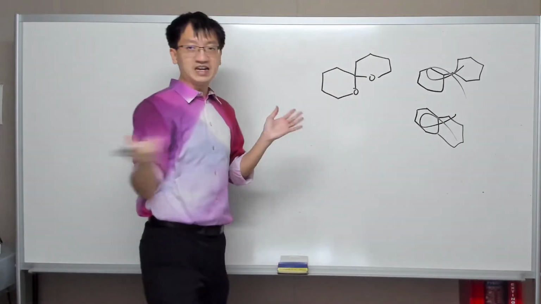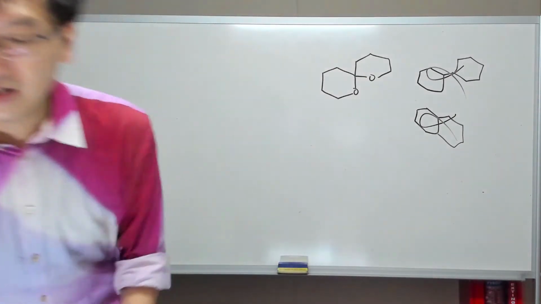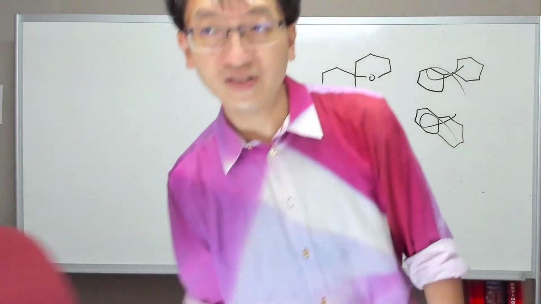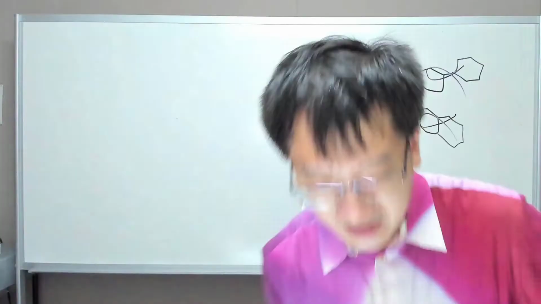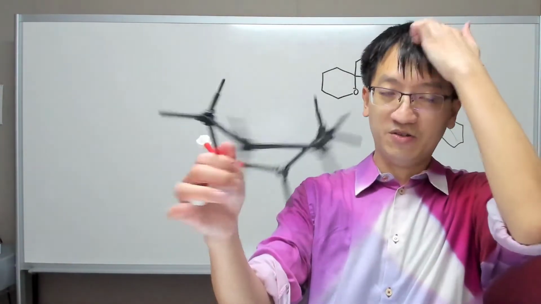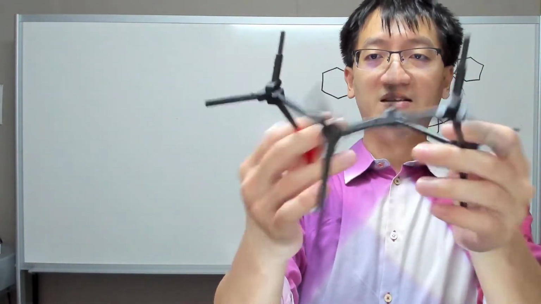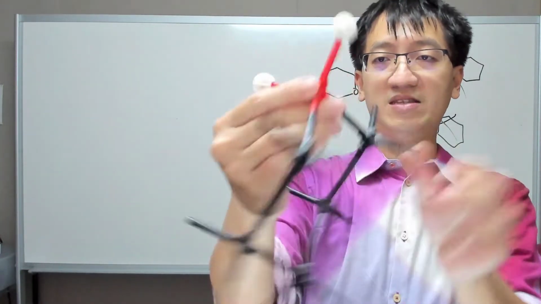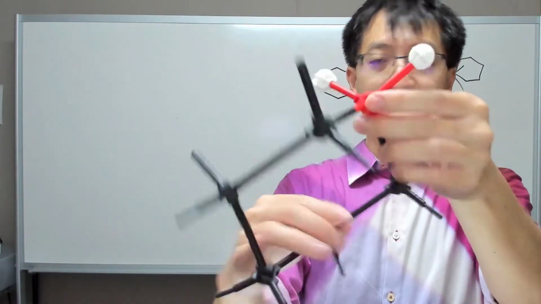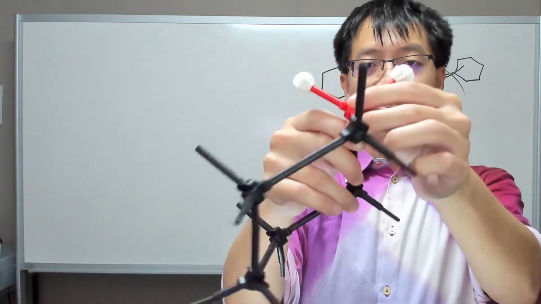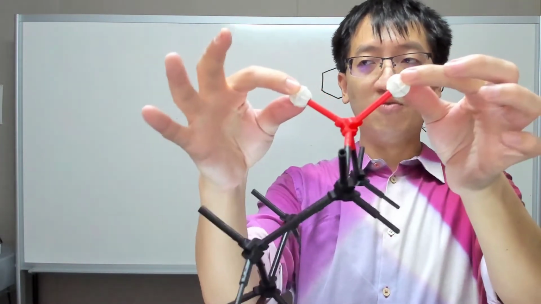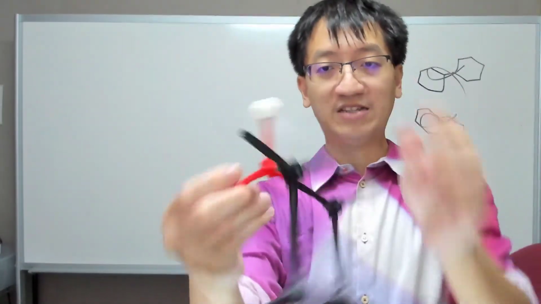Before that, I'm going to show you the model, how we can actually use it. The model looks something like this. I already built one halfway, where the red portion represents oxygen, and these two white portions represent the lone pairs of electrons.